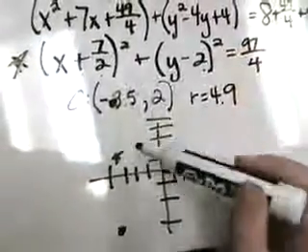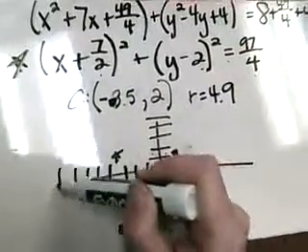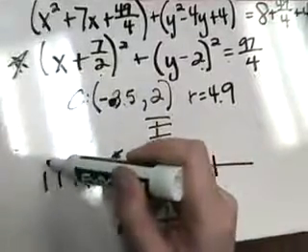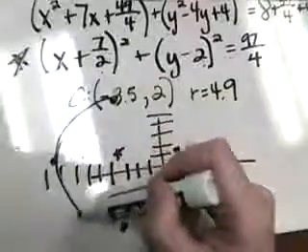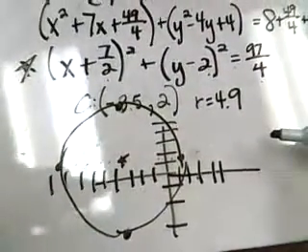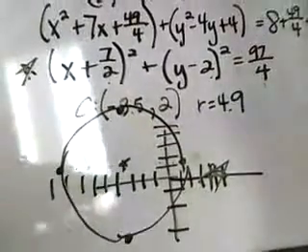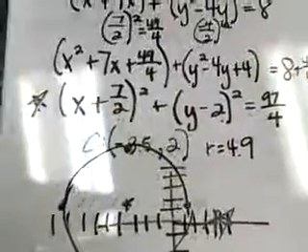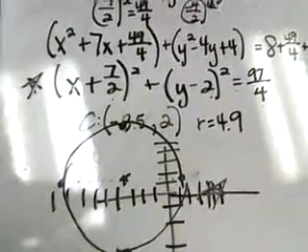Running out of room. And then 1, 2, 3, 4, almost to 5. There's my circle. So I classified it, I found my equation, and I graphed it. Okay? All right, do your best. Good luck.